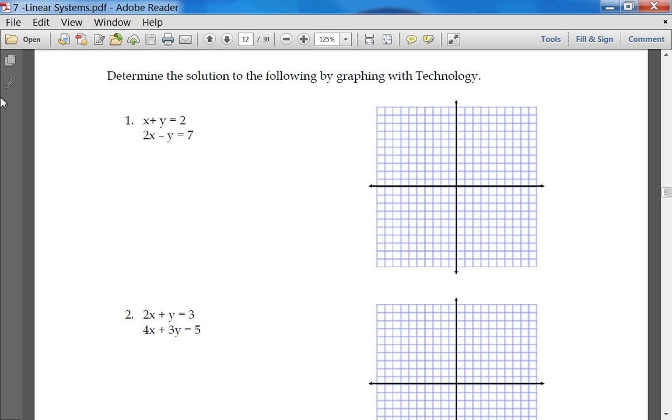All right, so for the first one, how would you isolate for y in the first equation? All you got to do is what? Yeah, all that positive x just needs to go to the other side as a negative x. So there's that first one.